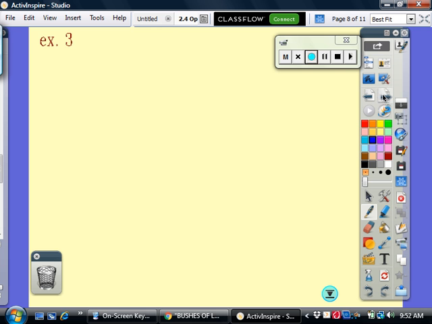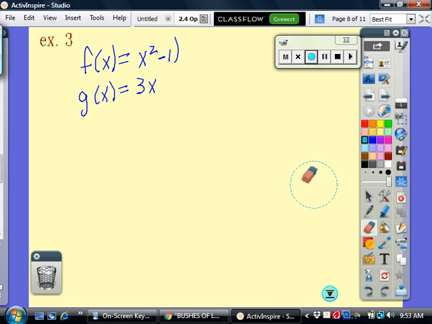Alright, if we look at example 3 on page 213, they give us f of x is equal to x squared minus 1, and that g of x is equal to the monomial 3x. So they give us a pretty simple example.